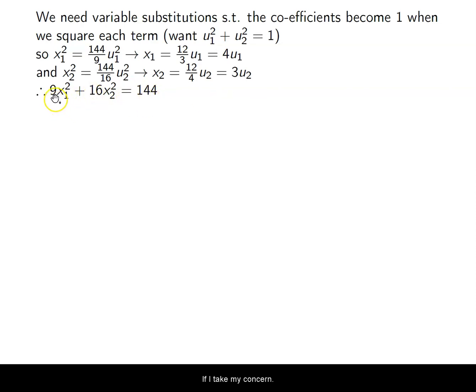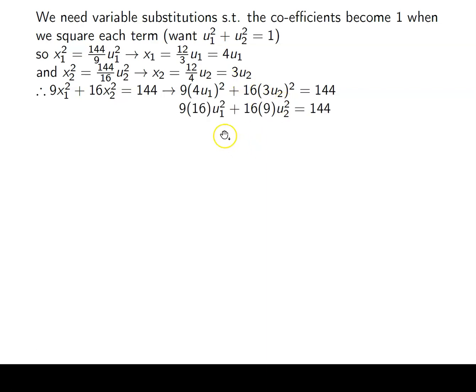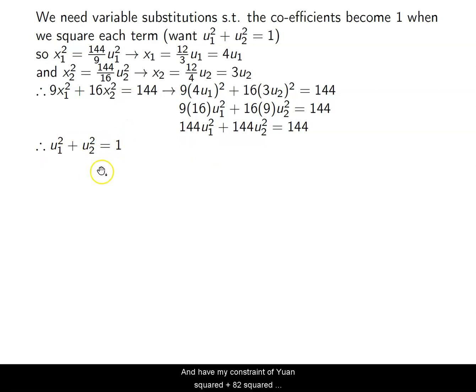So if I take my constraint and I replace it with my substitutions, right? x1 is really 4u1 and x2 is really 3u2, and I square everything, I'm going to get 144 as my coefficients everywhere, which means I can divide everything by that and have my constraint of u1 squared plus u2 squared equals 1. So these are my substitutions in order to get the constraint that I want.